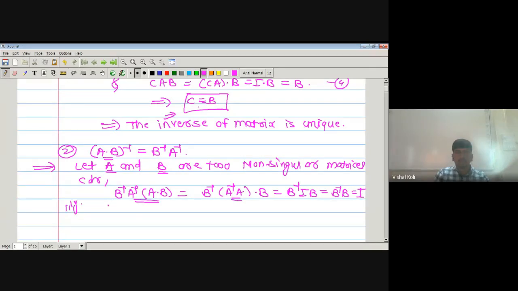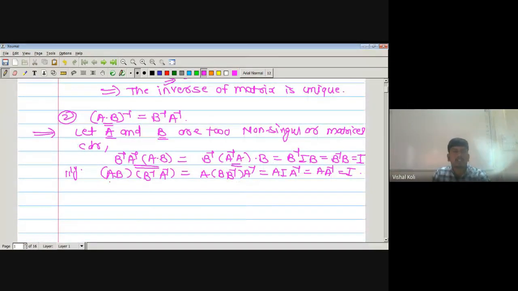Similarly, AB into B inverse A inverse can be written as A into (B B inverse) into A inverse, which is nothing but A into A inverse, and which is equal to I. Therefore, here we have proved that B inverse A inverse into AB equals I, and AB into B inverse A inverse is again I. Therefore, from this we say that the inverse of a matrix AB is nothing but B inverse into A inverse.